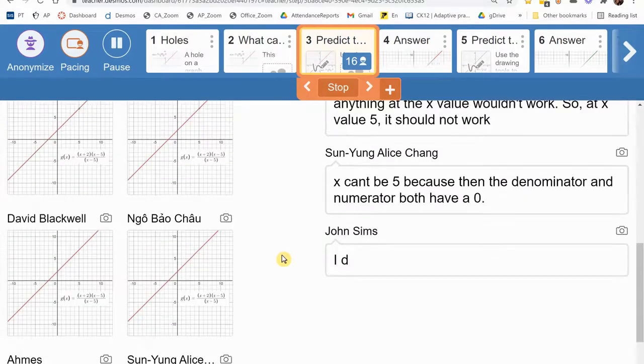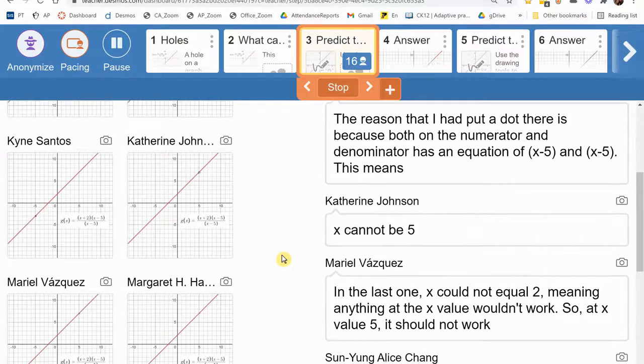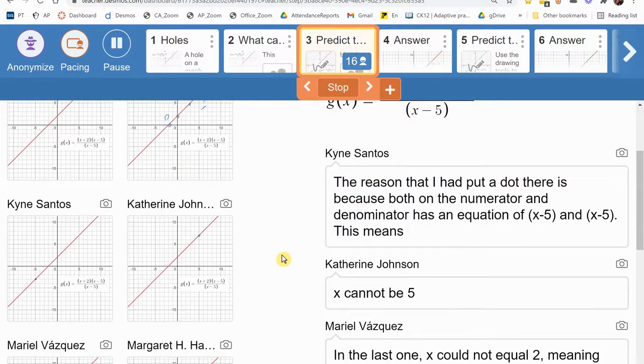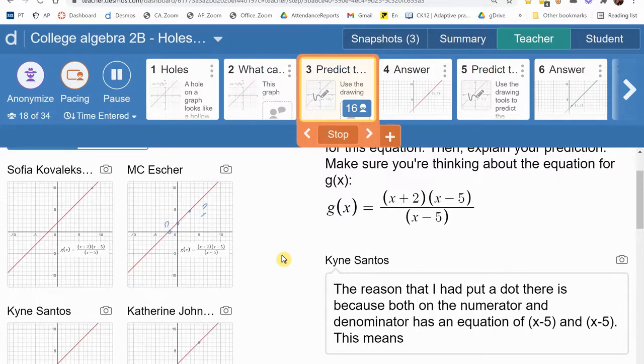Now, the rest of you either haven't put a dot in or the dot's in kind of a weird place. So I want you to think about, how did we get the value of 2 on the last problem? What did we look at? We looked at the equation, right? We had to figure out what value of X resulted in a 0 on the top and a 0 on the bottom.